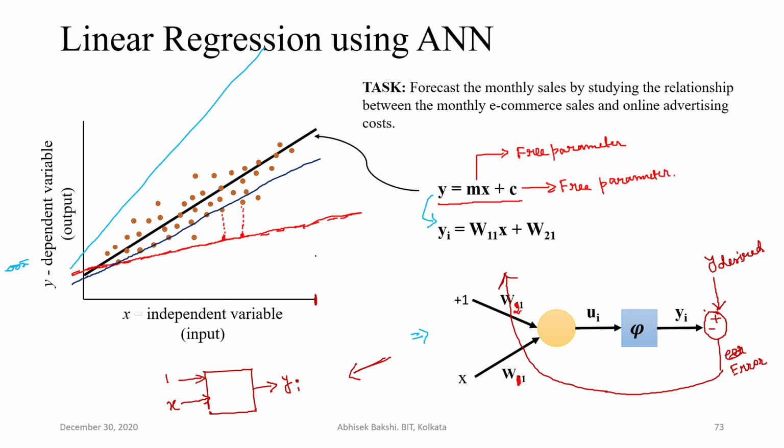So you will put the value of x over here and we will get this output yi. So this is the yi after getting this curve, and this is what I require because I need a forecast of the monthly sales by studying the relationship between the monthly e-commerce sale and online advertising cost.